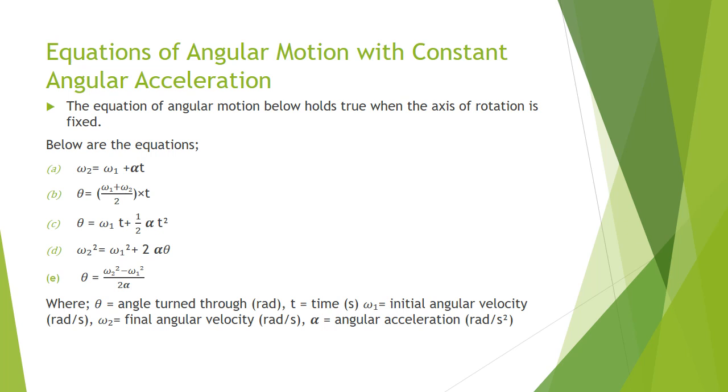E: theta is equal to omega 2 squared minus omega 1 squared, divided by 2 times alpha, where theta is the angle turned through in radians, t is the time in seconds, omega 1 is the initial angular velocity in rad per second, omega 2 is the final angular velocity in rad per second, and alpha is the angular acceleration in rad per second squared.